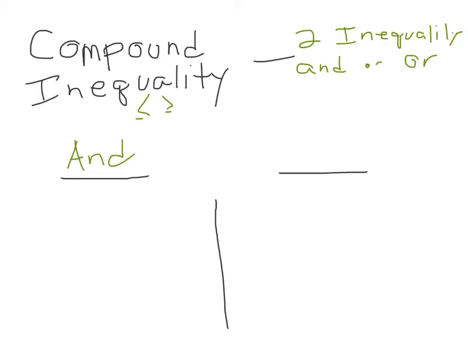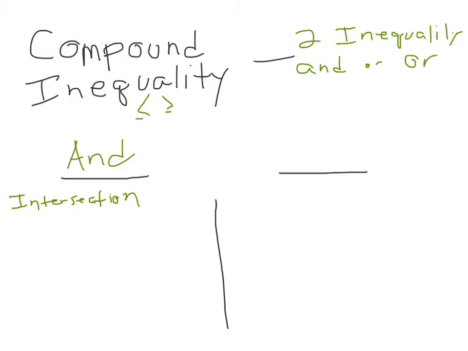So and, what's the deal with and inequalities? With an and inequality, the full solution is actually the intersection of the solution of the two inequalities that we've joined with and.